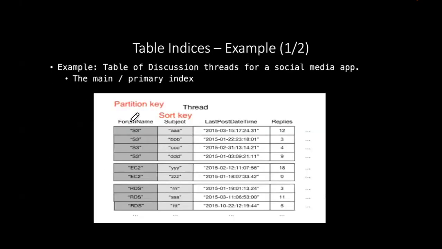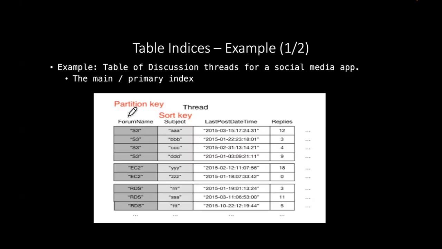This is something I took straight out of the DynamoDB documentation, to be honest. So this is a table of discussion threads for a social media application. And the discussion threads are all about different AWS services.